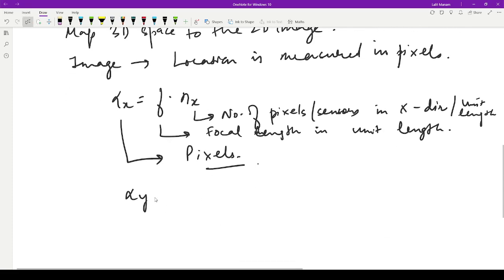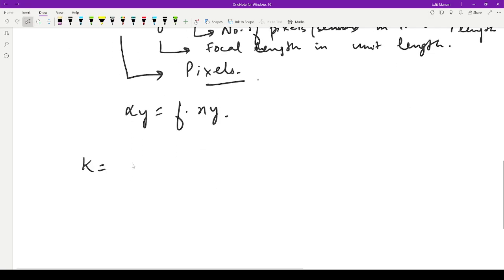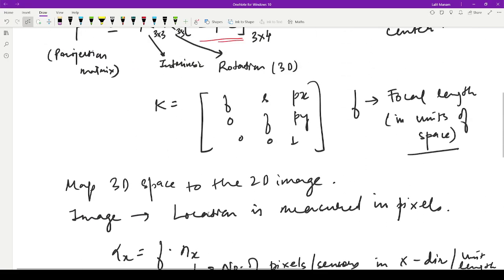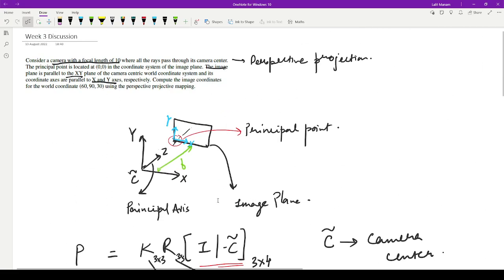So similarly, alpha y will also be f times ny. So with this, we get the calibration matrix: alpha x, s, px; 0, alpha y, py; 0, 0, 1. Okay.